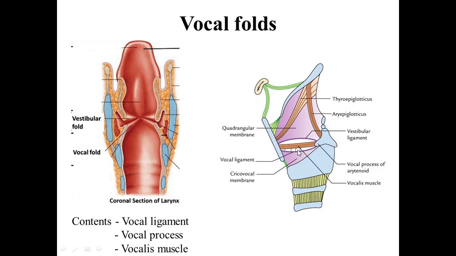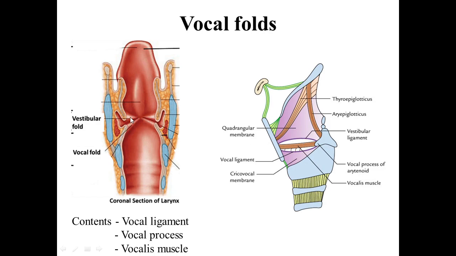Clear? So the vocal ligament and vocal fold are two different terms. The vestibular ligament and vestibular fold are two different terms. The vestibular ligament and submucous areolar tissue are covered by mucous membrane and form the mucosal fold.